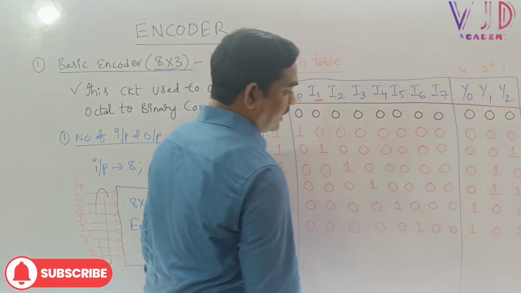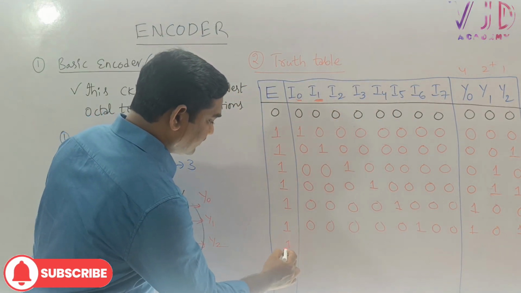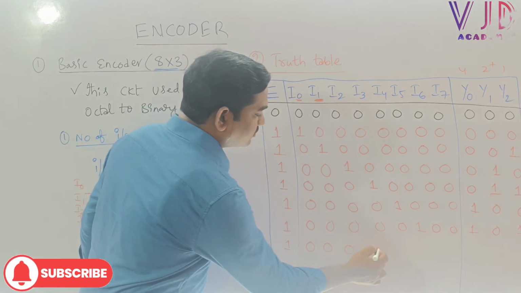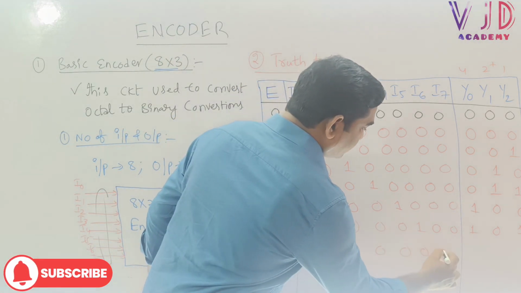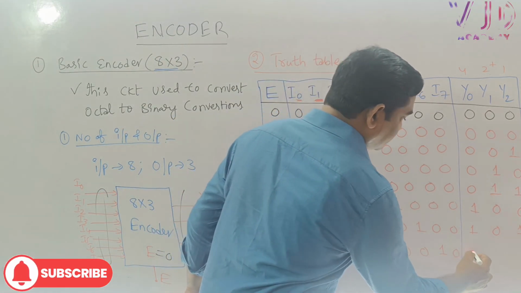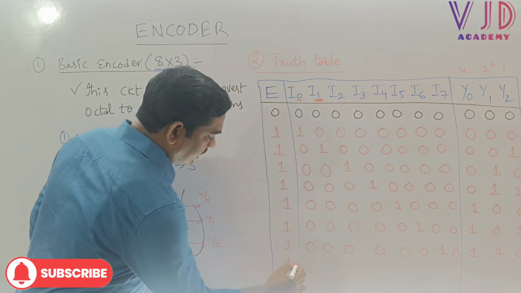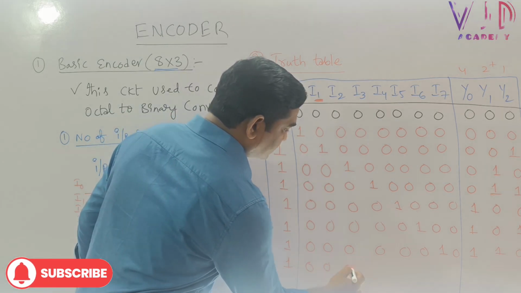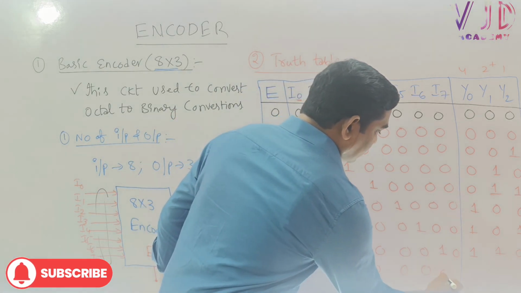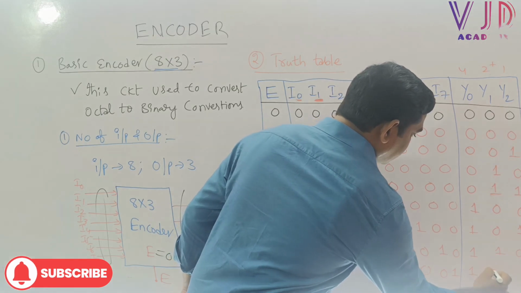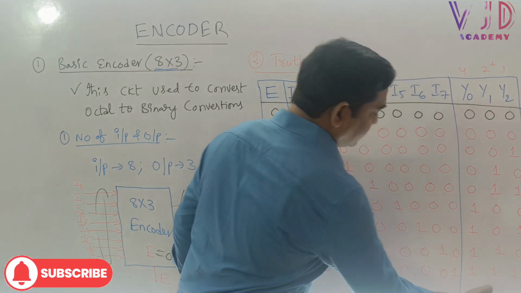And now the sixth one, I6 is 1, the output is 1 1 0. And finally when we give enable input 1, only I7 is 1, and the output is 1 1 1. These are the three ones.